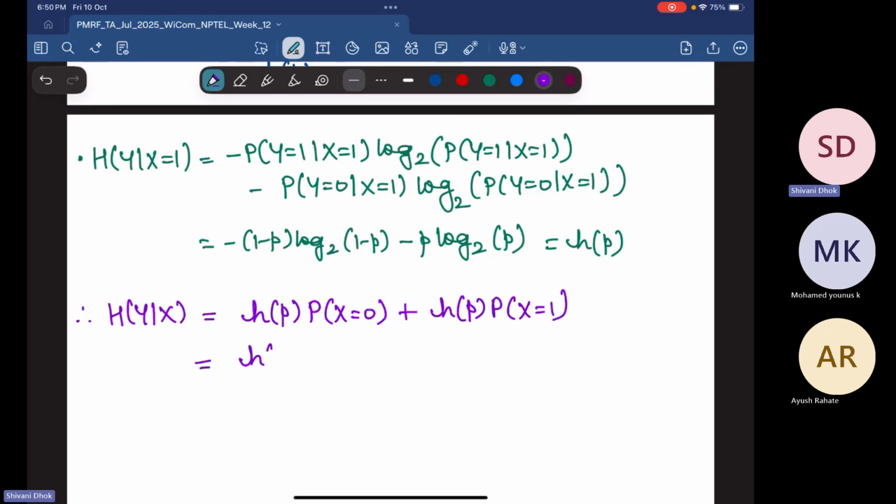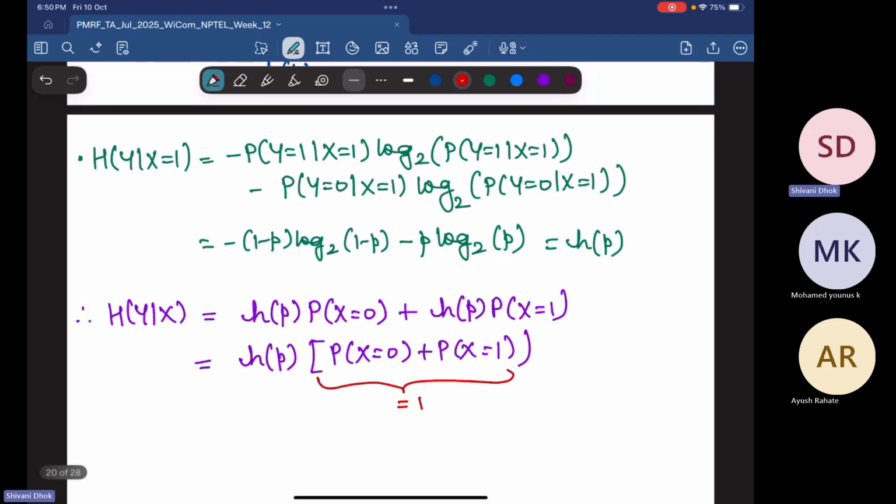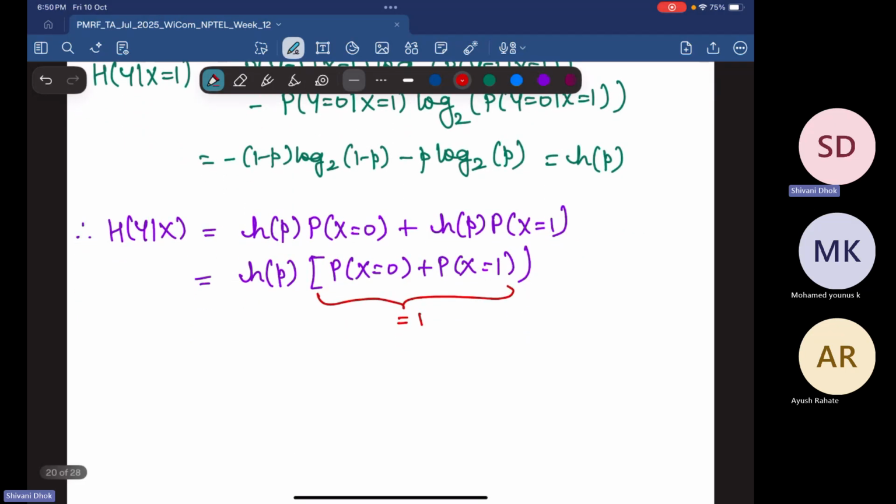Now I can take h of p common. That gives me probability of X equal to 0 plus probability of X equal to 1. This X is also a binary random variable. It can only take two values, which means that probability of X equal to 0 plus probability of X equal to 1 is equal to 1. There are no other values. Therefore, H of Y given X comes out to be equal to h of p.